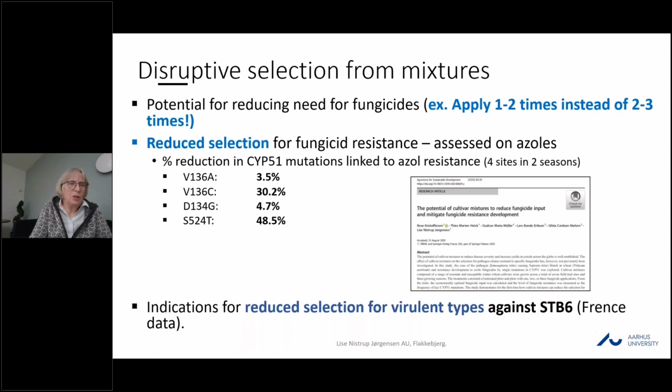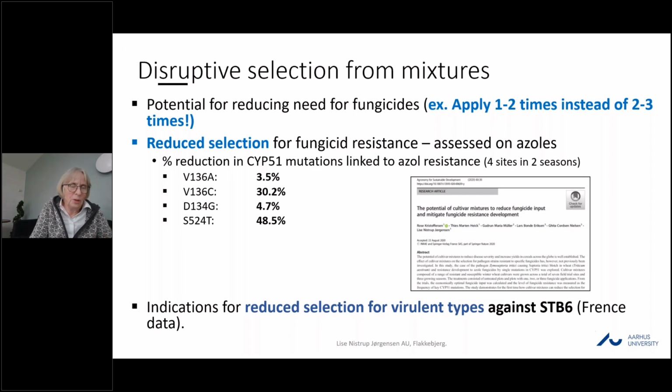When we come to the disruptive selection from the mixtures, we have been investigating the selection for specific CYP51 mutations. And there we saw that some of the well-known CYP51 mutations were developing more slowly in the mixture compared to the average of the component varieties. So this also was positive, that we could actually see this reduction.